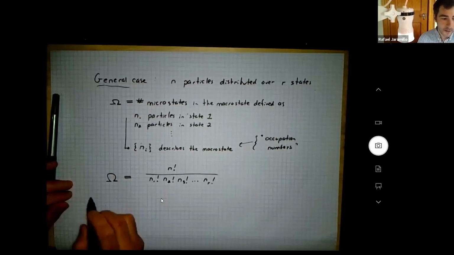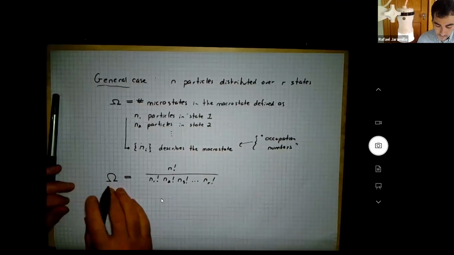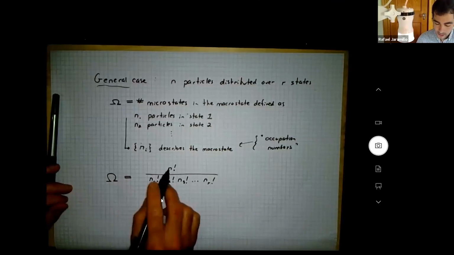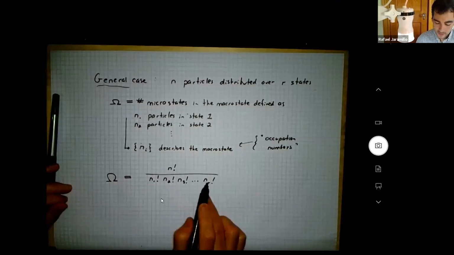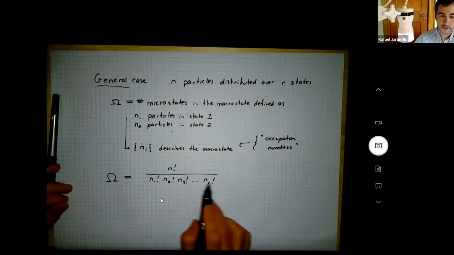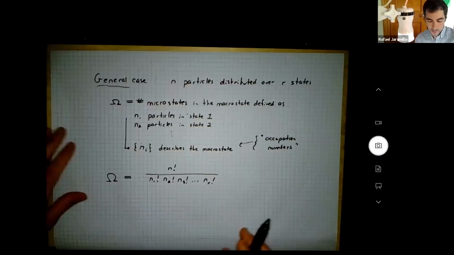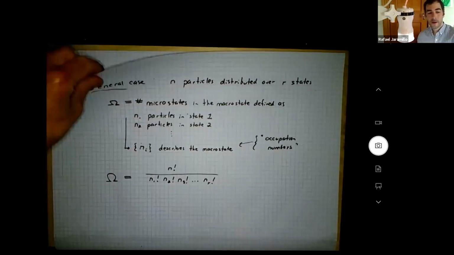Okay, so this is the number of microstates for n particles distributed as follows, with n sub 1 in state 1, n sub 2 in state 2, n sub 3 in state 3, and so forth. So again, we can come back to that, but I want to show you something qualitative about that function.